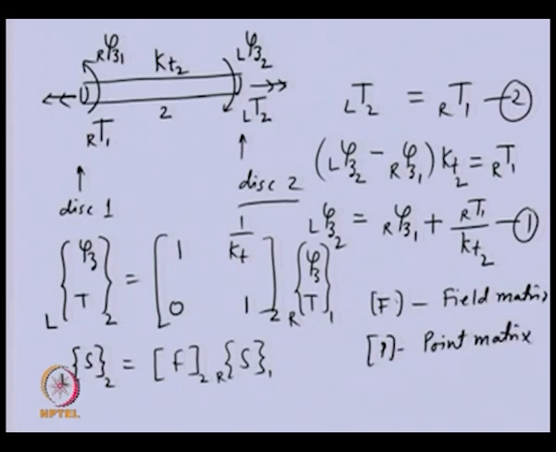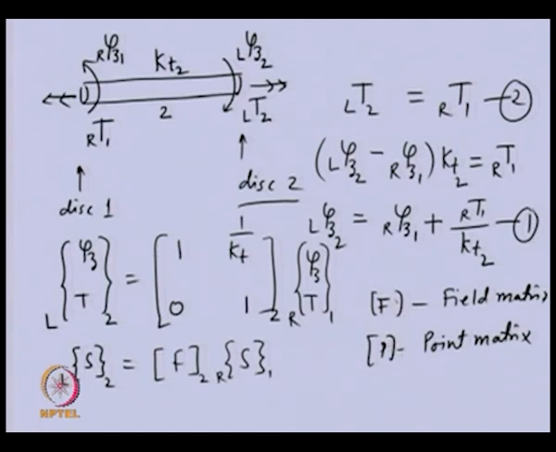So, here you can see that we are relating the state vector which is right of disk 1, that means this side, and if we pre-multiply that by the field matrix of this particular shaft, we will get the state vector on the right side of this shaft, but left of disk 2, because disk 2 is here. So, that will belong to the left of disk 2. So, now we can use these developed transfer matrices, the field and point matrices, to obtain the equation of any rotor system.